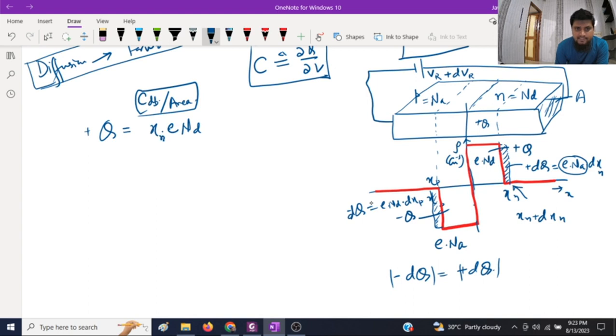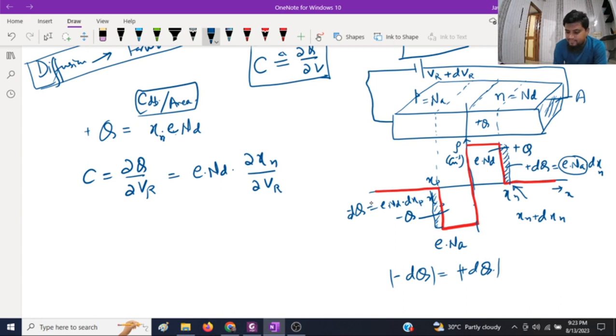So this was xn. Now, if I write it like this, C as del q by del Vr, because q is a function of xn, these two parameters are constant. You can write it as E into Nd into del xn by del Vr. That you can write. Now, how this xn is dependent on reverse voltage, that you should know.